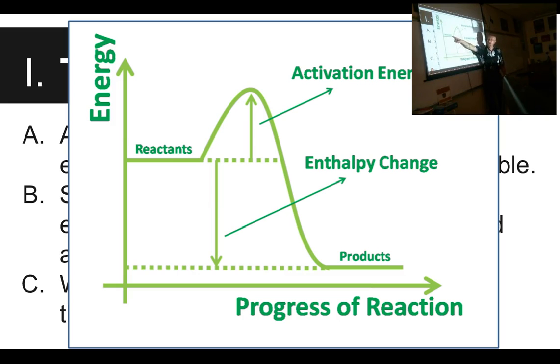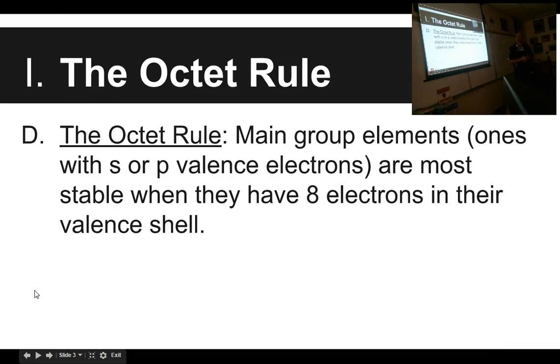But reactants have to get some energy added to them, and then the reaction can happen, and then it flows down to the products, right? And the products tend to be more stable and have less energy in them than the reactants do. Okay, so we're looking at things that make chemicals land in a lower energy state.